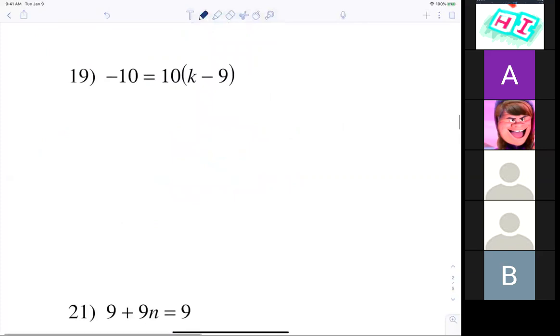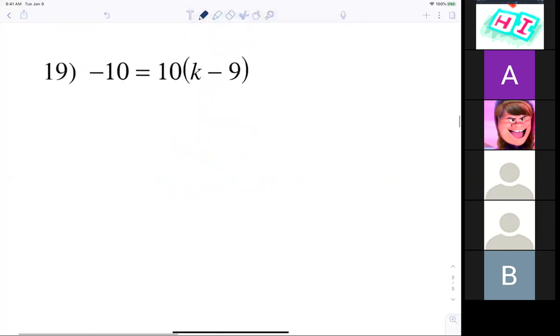Now, we have this problem right here. Because it's in parentheses, we could distribute, but here this is times 10. So this is a special case again: if it's in parentheses, you have to undo the multiplication part first.